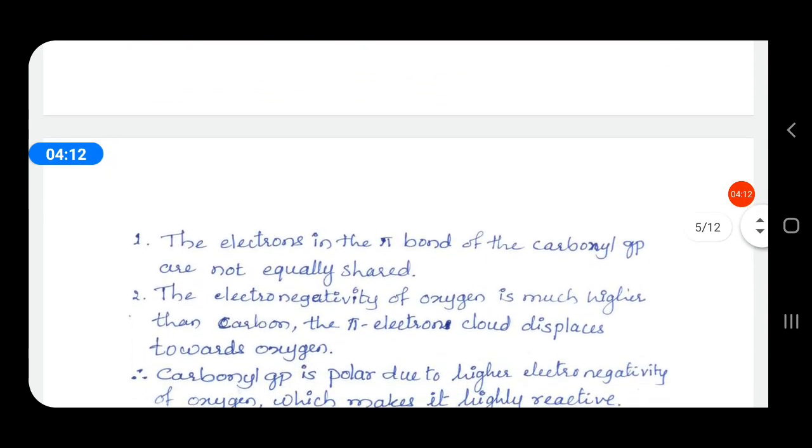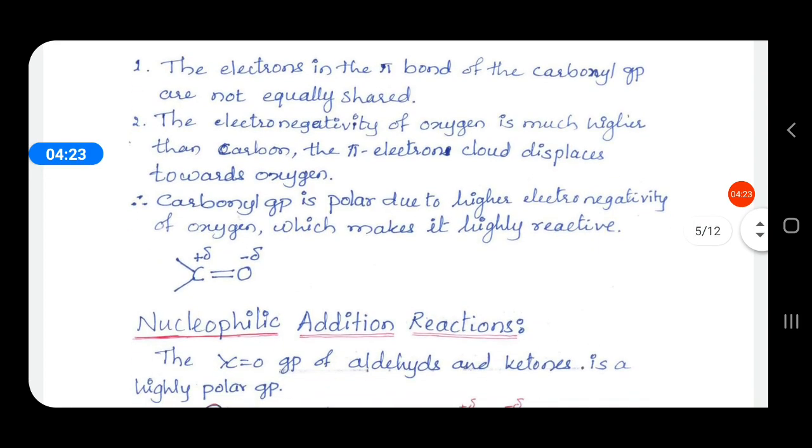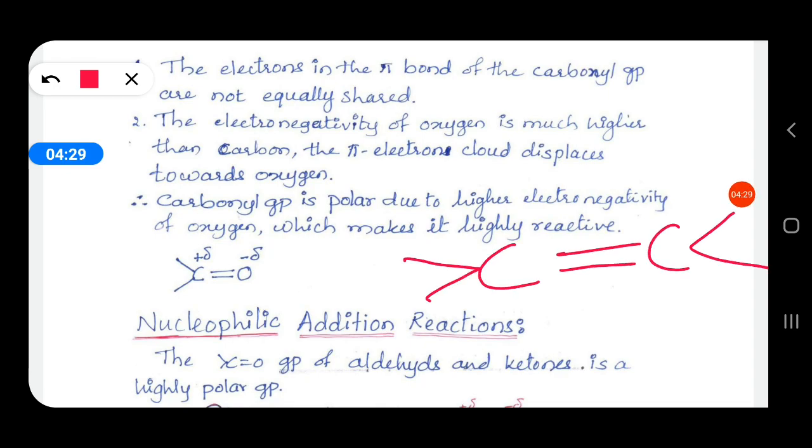The electrons in the pi bond of the carbonyl group are not equally shared. Whereas in the carbon-carbon double bond of alkenes, with one pi bond and one sigma bond, the pi electrons are equally shared between the two carbons. Therefore, these two carbons are non-polar in nature.